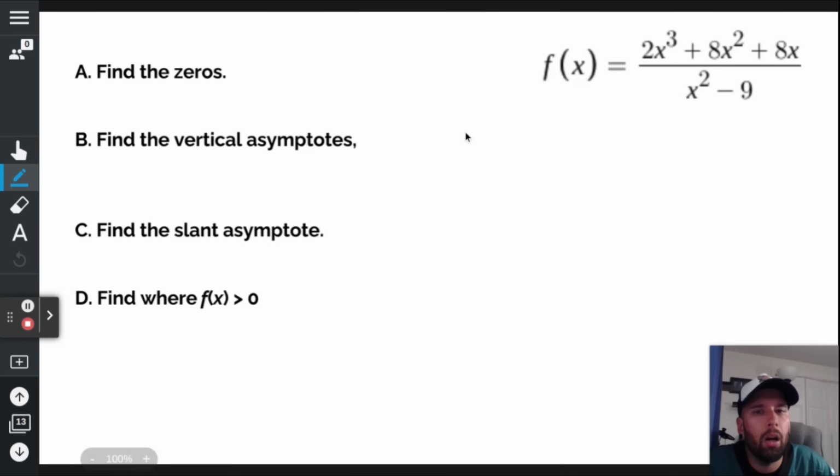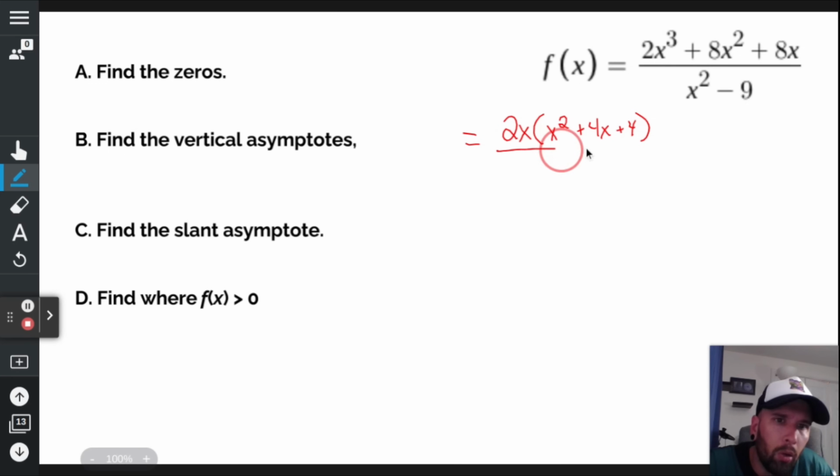Find the zeros. All right, well, let's factor that. I can bring out a 2x, and that leaves me with x squared plus 4x plus 4. Ooh, a perfect square trinomial, over a difference of squares, x minus 3, x plus 3.